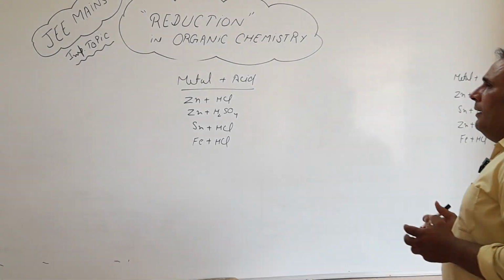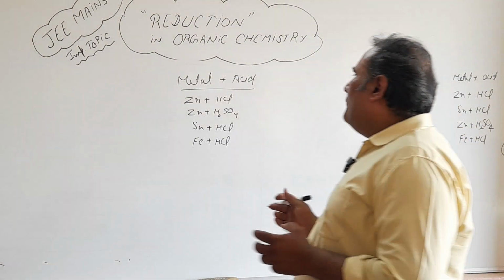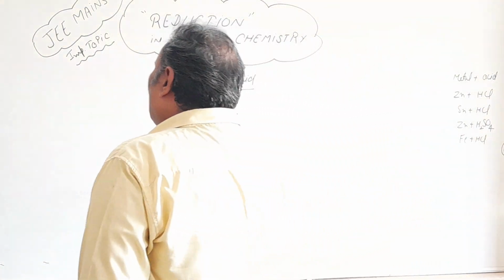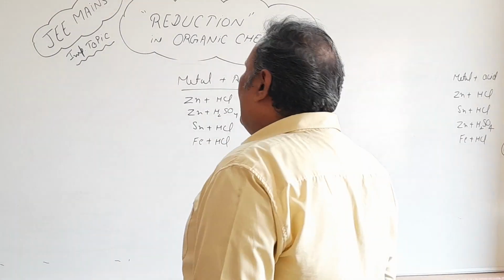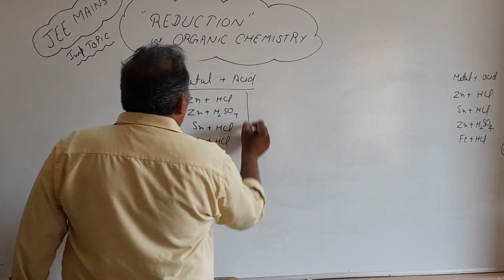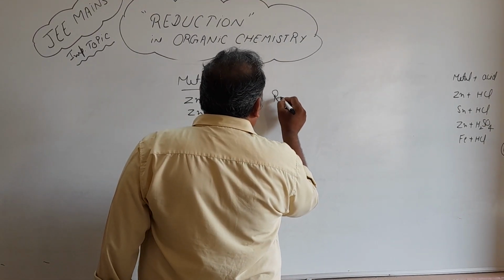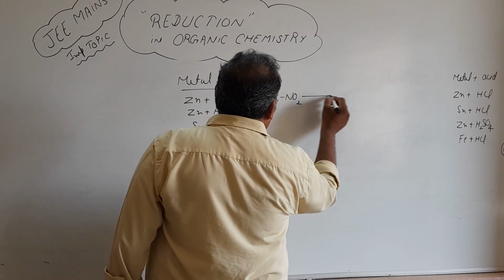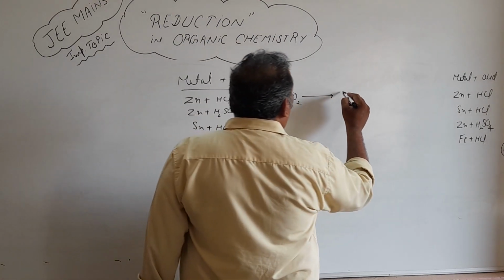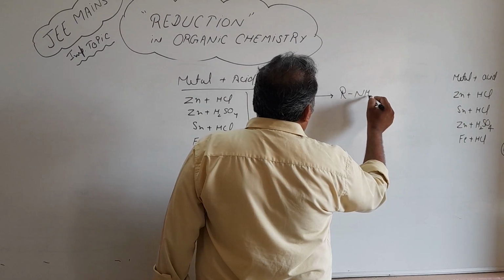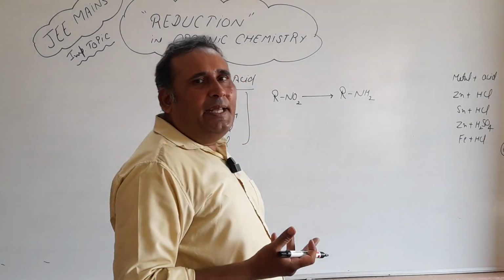Which functional group can metal plus acid reduce? Which functional group do we have to remember? Basically, metal plus acid can reduce some specific functional groups like RNO2, nitroalkane. Nitroalkane gets converted into RNH2, means 1 degree amine.